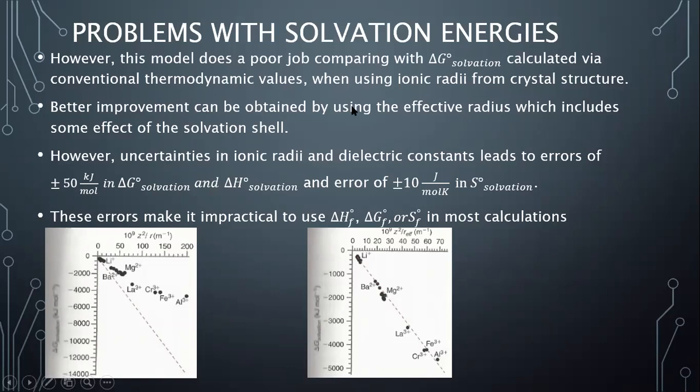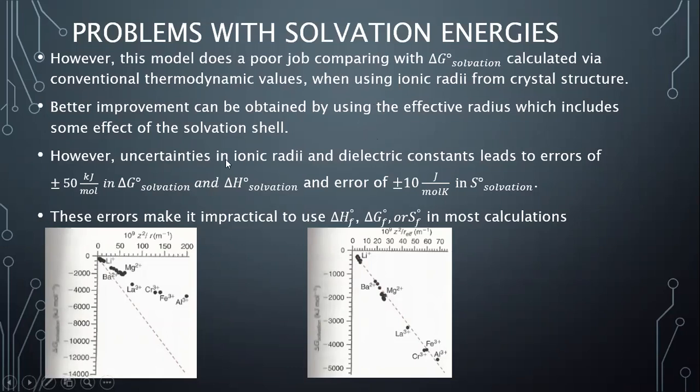So there's a way to fix this, but you have to use the effective radius, which includes some effect of the solvation shell. You have to say how much water is binding to these ions and thus increasing the radius. There's still some uncertainties with this.